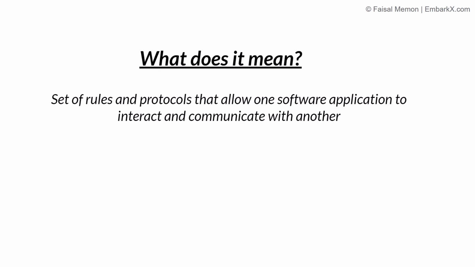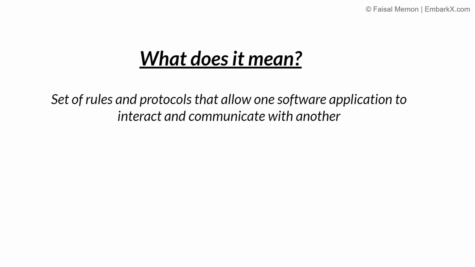You can think of it like a messenger that delivers your request to the provider that you are asking a service from, and then it delivers the response from the provider back to you. Now API is not a database or a server, but it is a piece of code that governs the access points to the server.